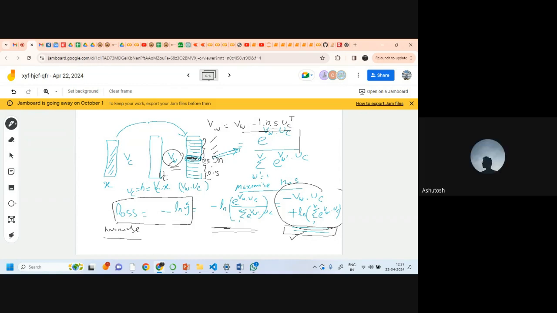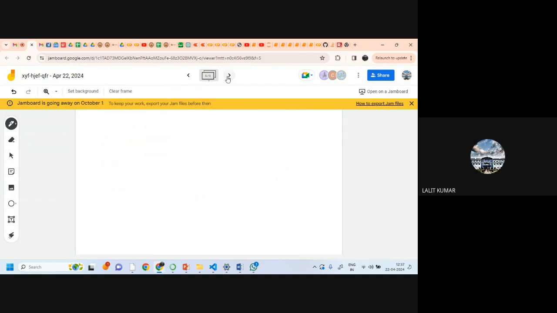Let's calculate delta VW, I think it will give that. Yes, delta VW, let's compute it. How will we compute delta VW? Delta VW will become y hat minus y into UC transpose, this is what it is.